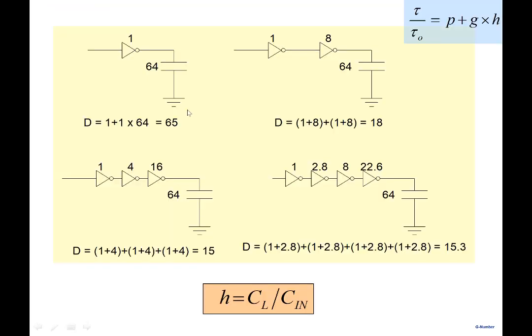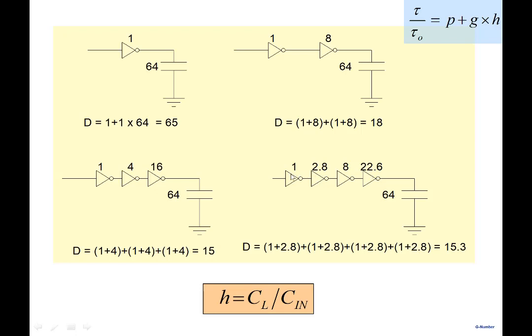Same thing we had seen: given all of these different sizes, we can determine in each case the overall delay. For example, in this picture the delay would be made up of the sum of this inverter plus this plus this plus this.